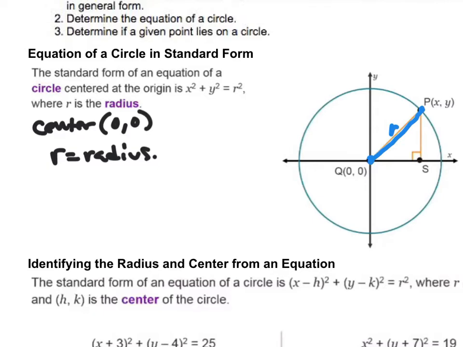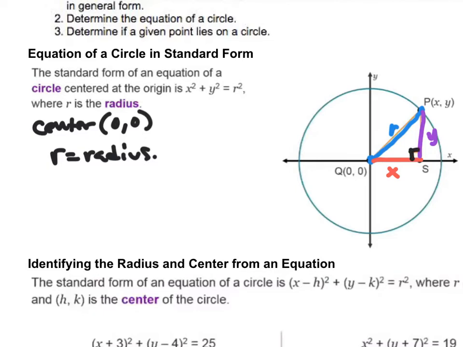Now at this point on the circle, there is some point (x, y). There is a horizontal value x, and a vertical value y. And this all creates a right triangle.